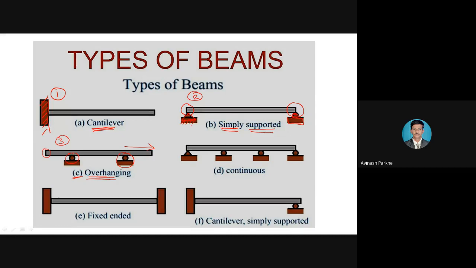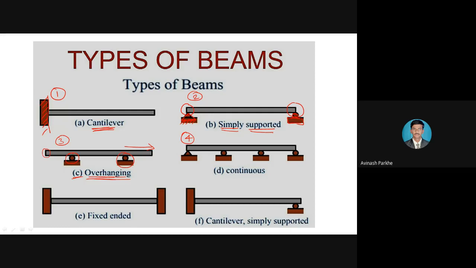In an overhanging beam, the supports are not at the end portion. The end portions are extended beyond the support. Therefore, this particular beam is called an overhanging beam.